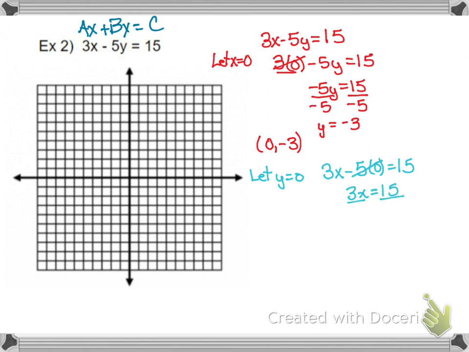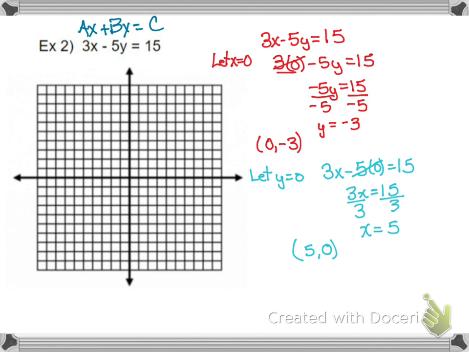We're going to divide both sides by 3, so x is equal to 5. So my x-intercept is 5, 0. Remember, your ordered pairs go in the order x comma y. Now we can plot both of those points on our graph.